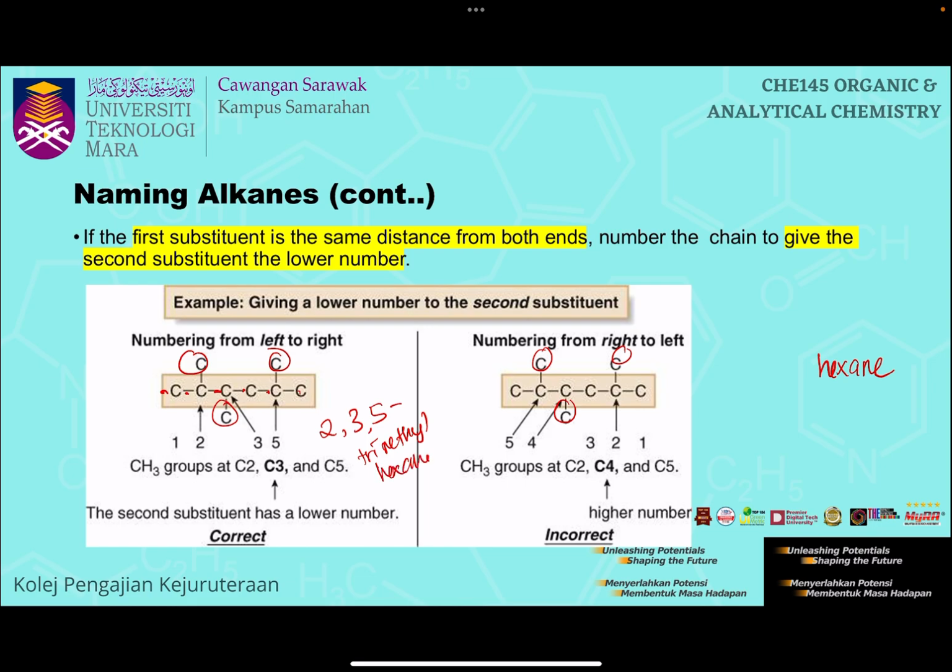Whereas if I go from the right, I will get 2 4 5 trimethyl hexane. Because 2 4 5 is bigger as compared to 2 3 5, this is the correct one and this is incorrect.